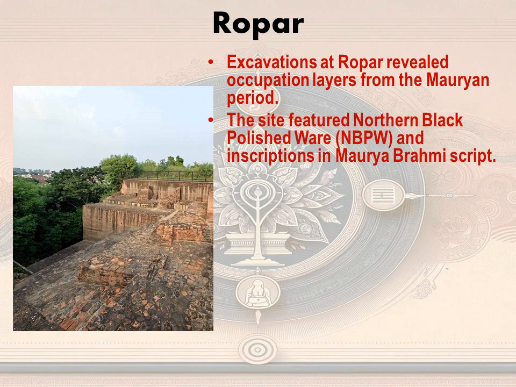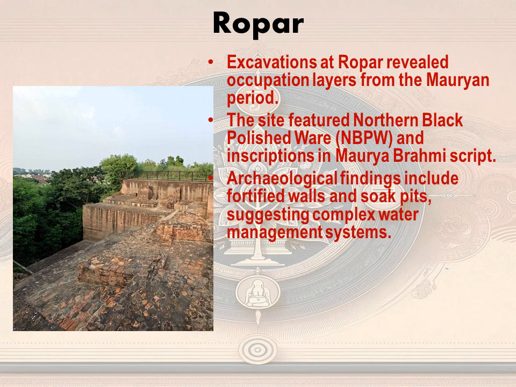The site featured northern black polished ware and inscriptions in Mauryan Brahmi script. So this is very important for the presence of inscriptions in Mauryan Brahmi, and it also features the indicator of the period, that is northern black polished ware. Archaeological findings include fortified walls and soak pits suggesting complex water management systems.